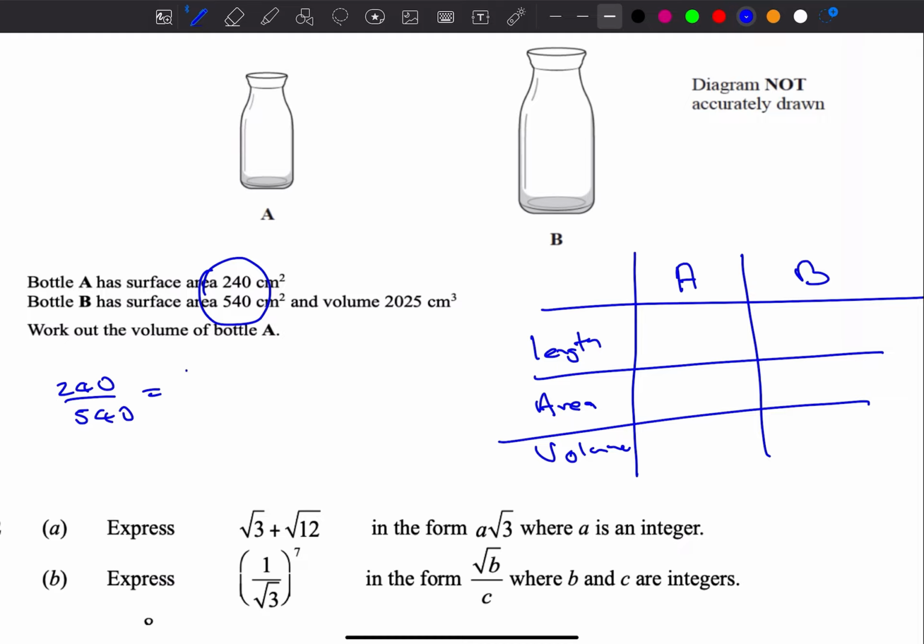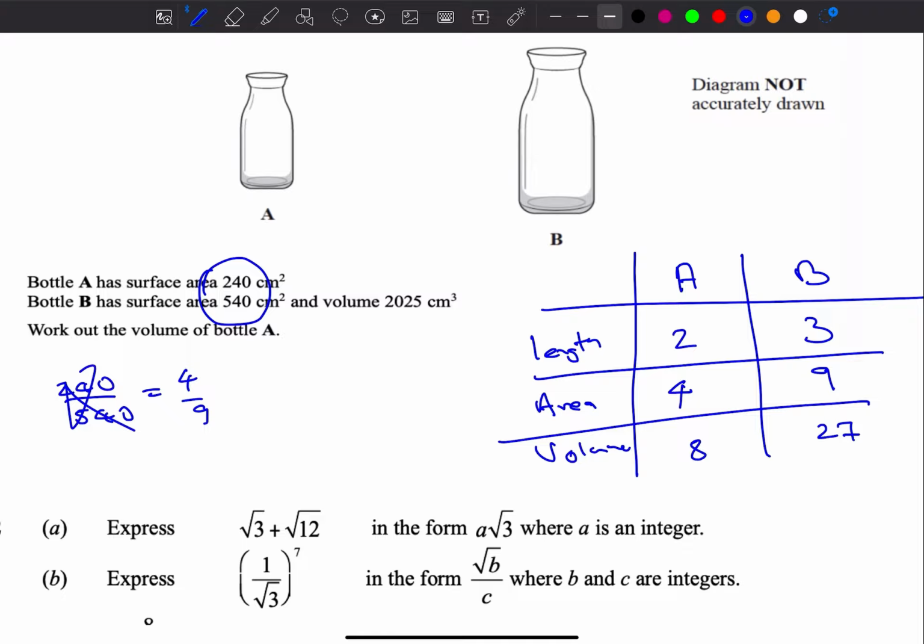Which will give you 4/9. So the area for A is 4 and then B is 9. Then the length would be square root of 4 is 2, and 3. Volume is 2 cubed is 8, 3 cubed is 27.